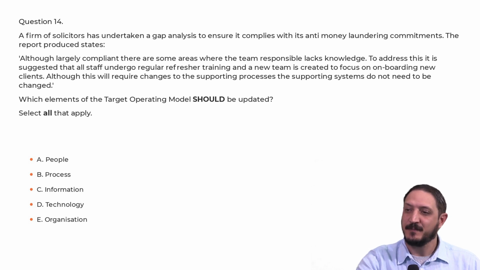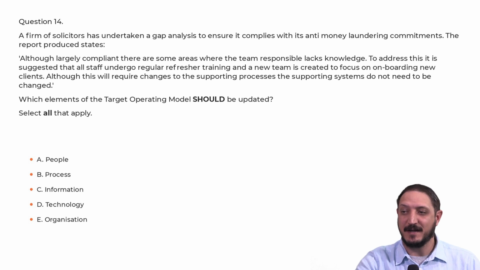So it says here that a firm of solicitors has undertaken a gap analysis to ensure it complies with its anti-money laundering commitments. The report produced states, although largely compliant, there are some areas where the team responsible lacks knowledge. To address this, it is suggested that all staff undergo regular refresher training and a new team is created to focus on onboarding new clients.